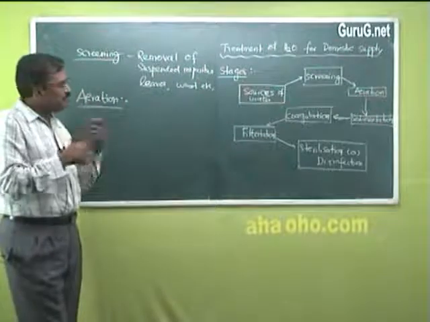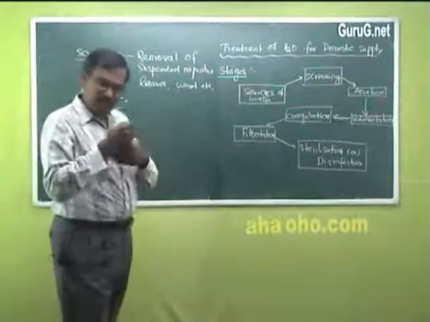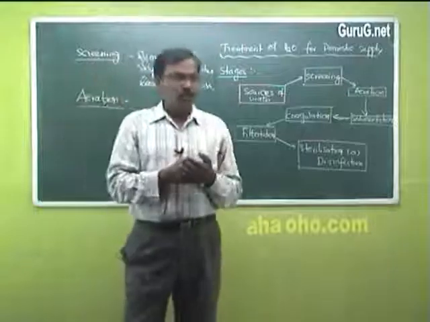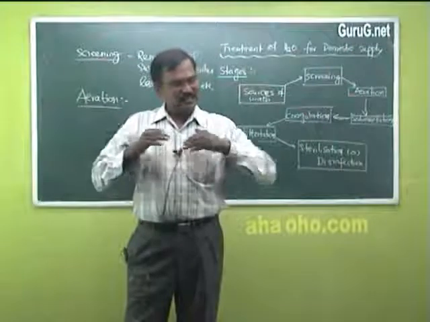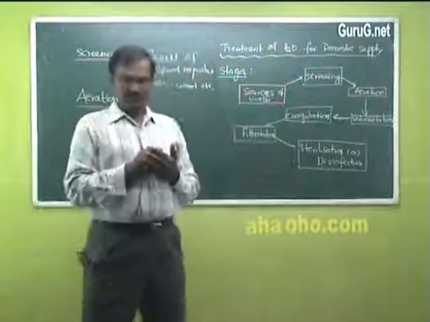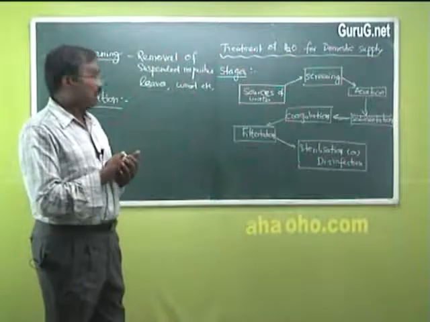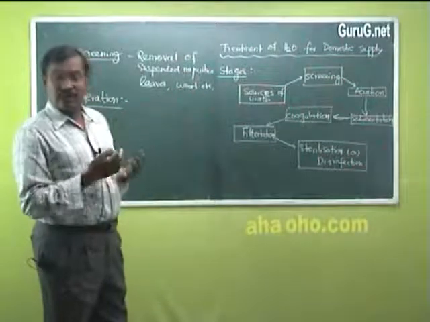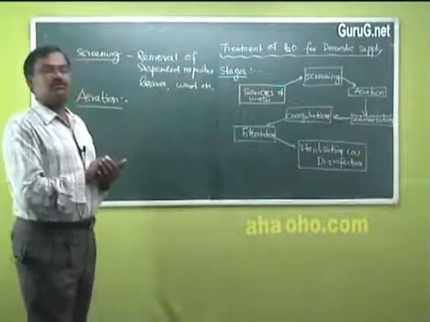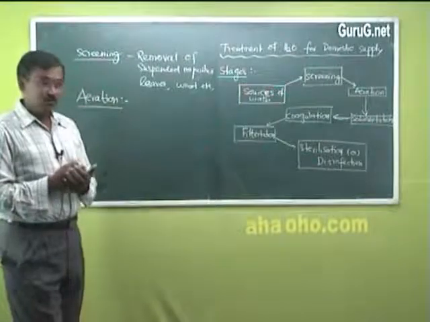When water is mixed with air, what will happen? Some dissolved gases like CO2 and other poisonous gases may be swept out. Especially hydrogen sulfide, carbon dioxide, ammonia, or any other dissolved gases will be removed.